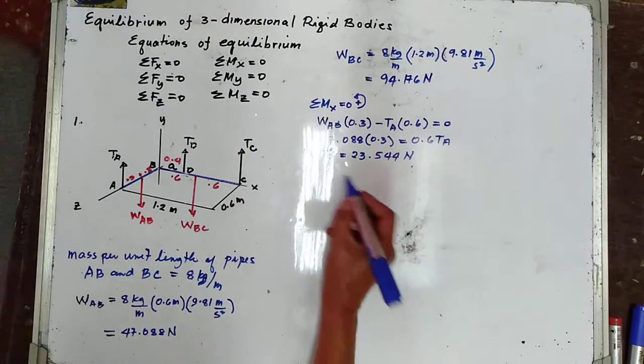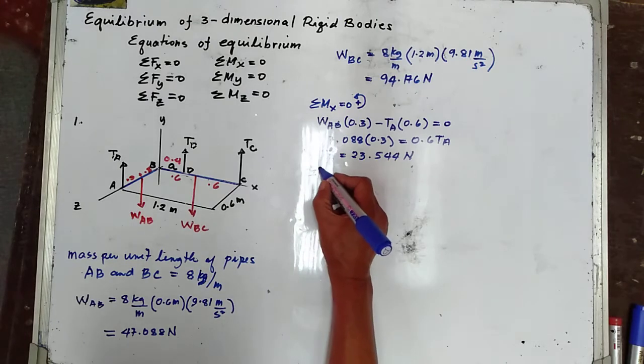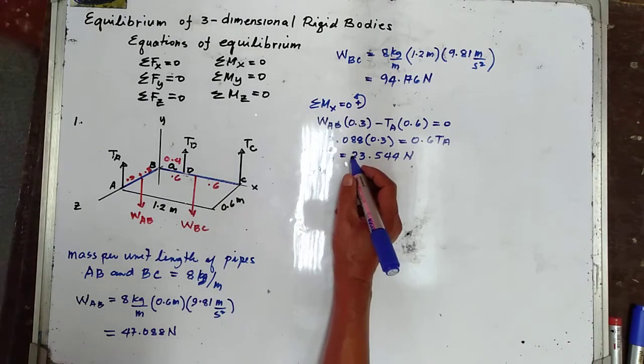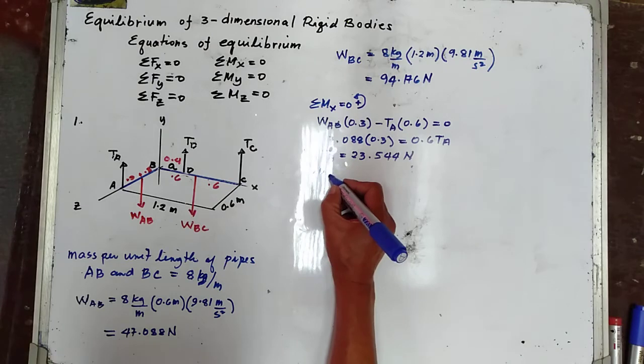Next, let us try to take the summation of moment about the Z axis.